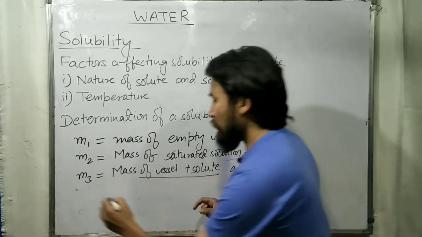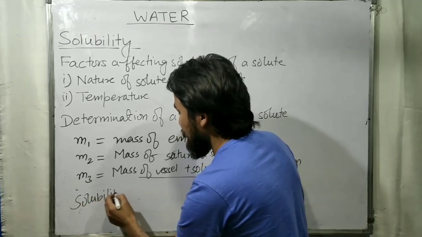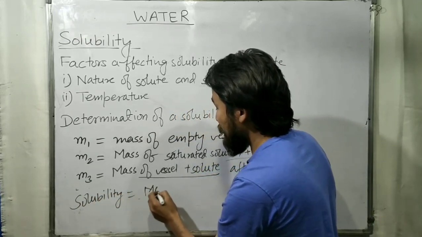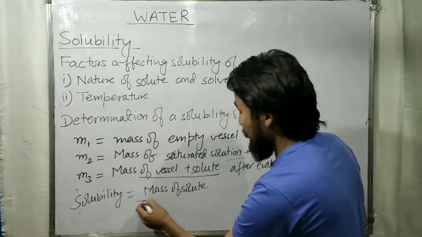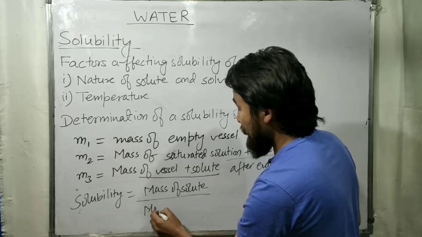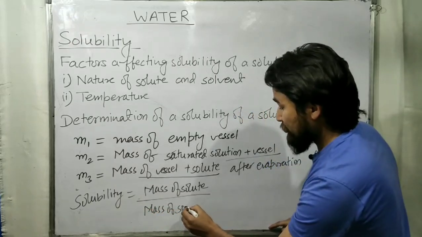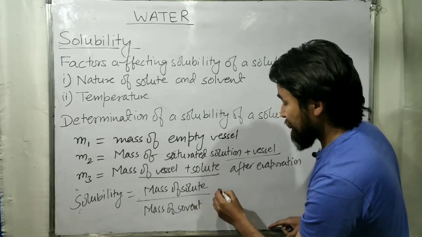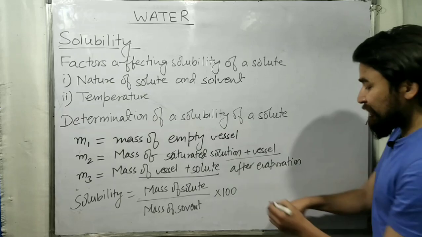So you can say solubility equals mass of solute by mass of solvent into 100. Now how will we calculate it?